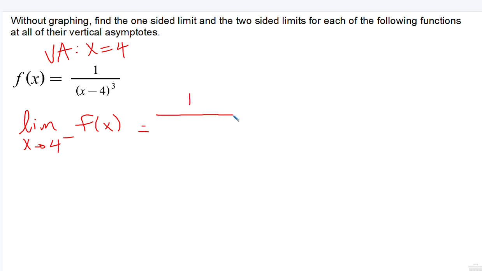So we end up with something like 1 over a very small negative number that's then being cubed. Well, if you take something that's really, really small and negative, and you cube it, you get something that's even smaller, right? Like if you cube 0.0000001, you get something like 0.000000000000000000001. Probably didn't have the right number of zeros, but you get the idea.